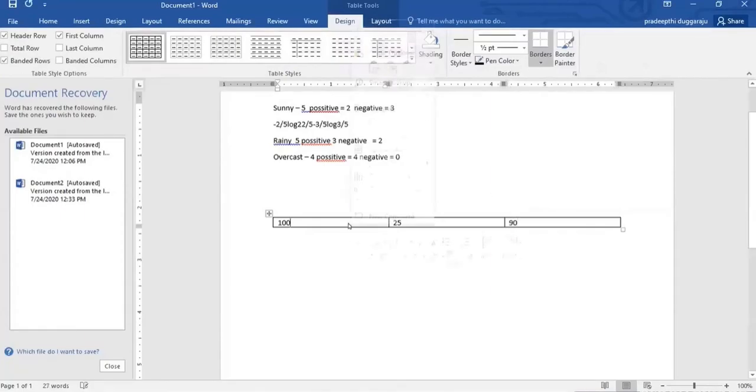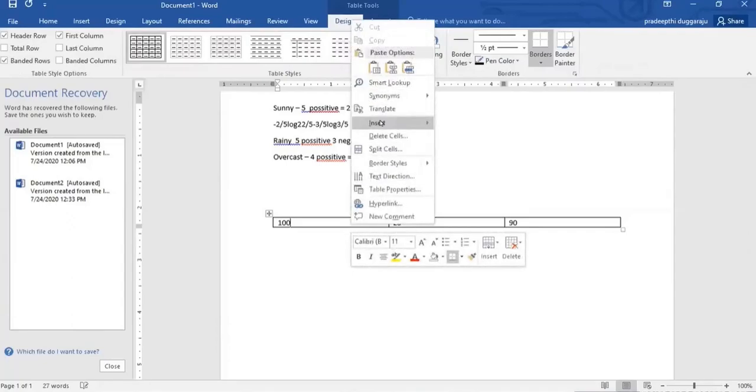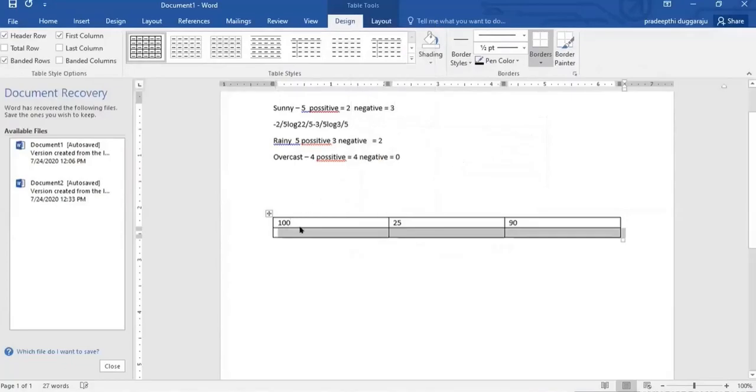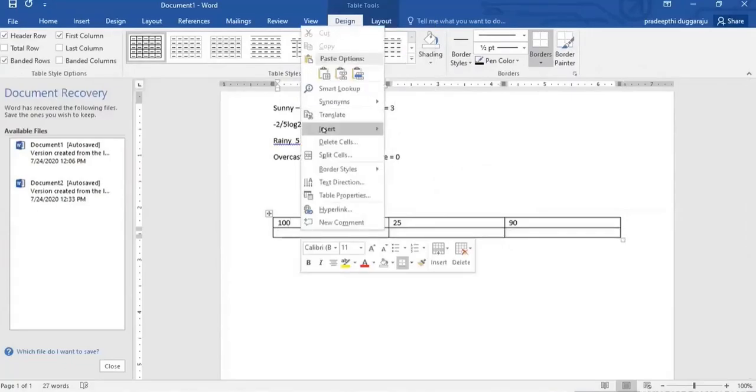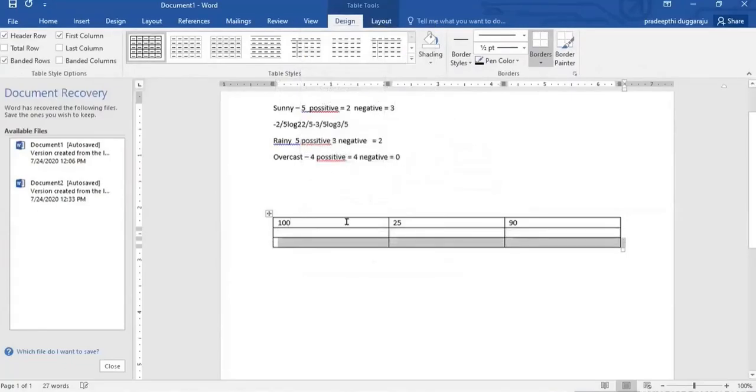Now we have so many columns like this, with values like 75, 30, 86, 25, 40, 60, something like that.